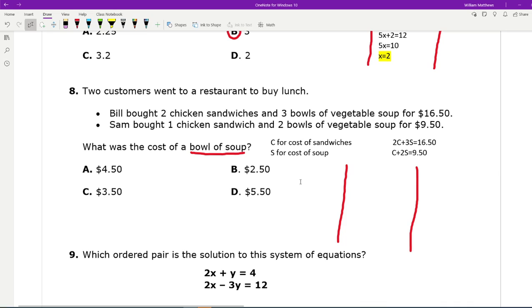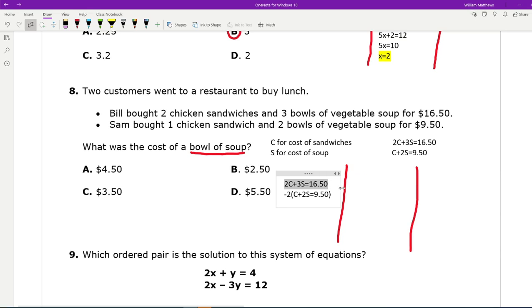The way I'm going to go about that is I'm going to multiply the bottom equation by a -2. When I do this, this will cancel out my C variable, which will give me exactly what I'm looking for, my bowls of soup, when I add them together, that is.